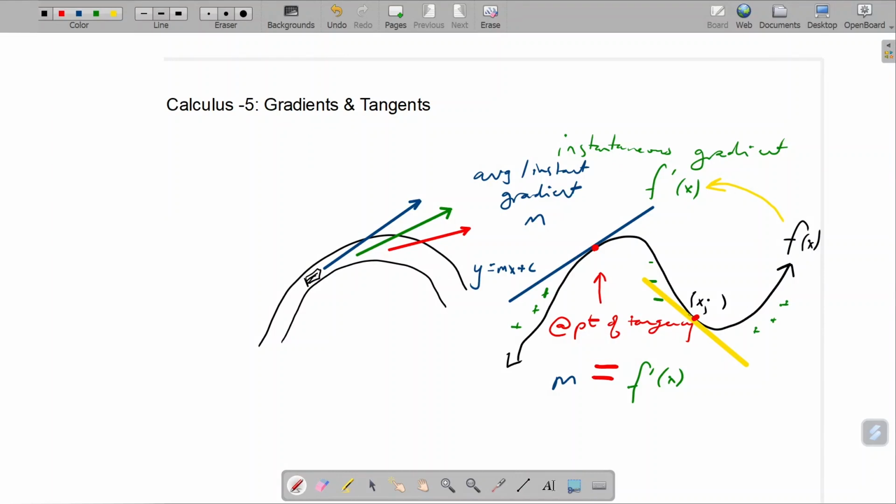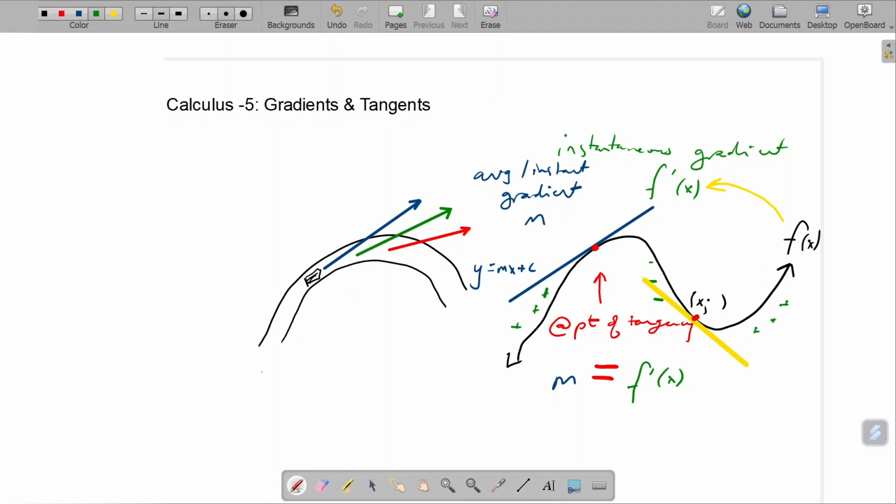Again, as we can see, as this point moves around here, this tangent will move as well, and the gradient or the slope of this tangent will change as the point of contact moves left or right along the graph.